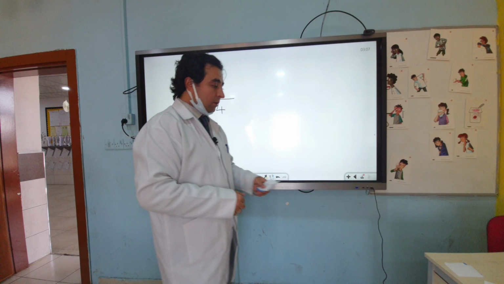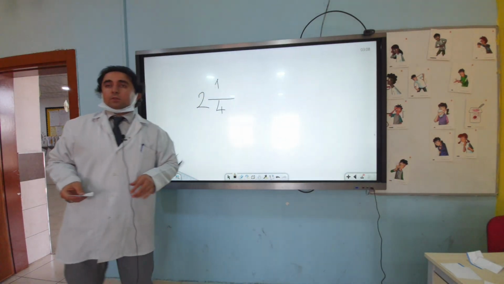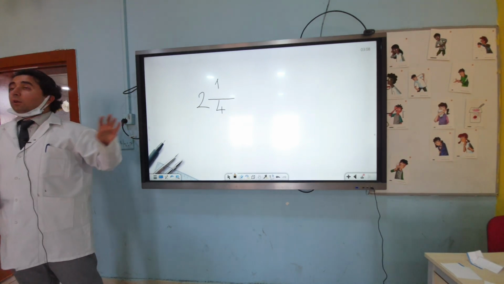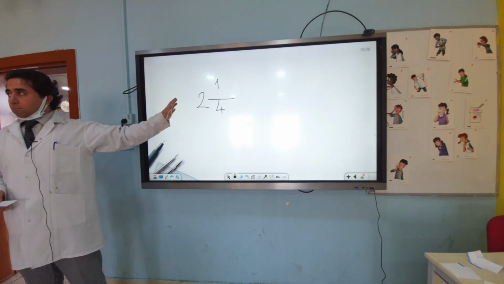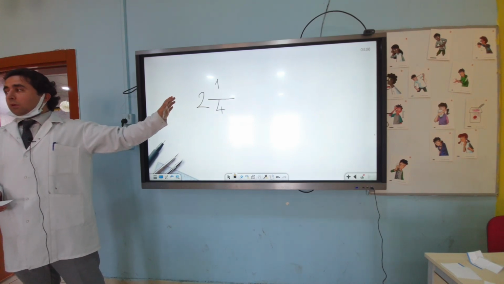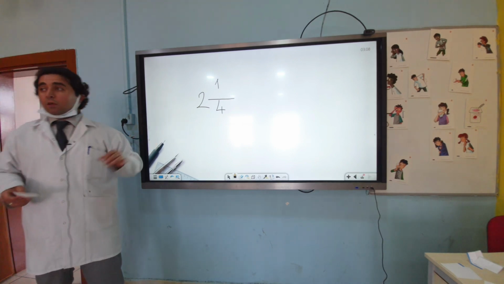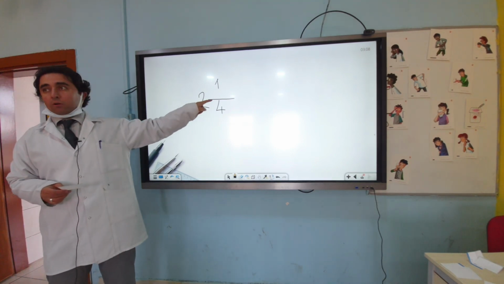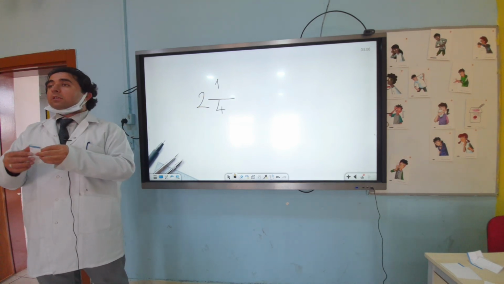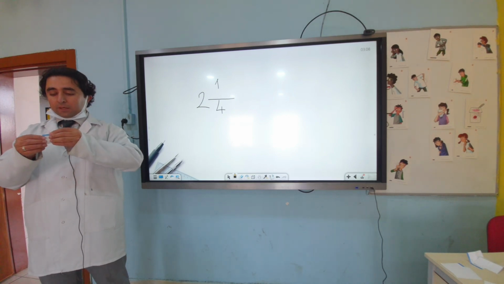And then we must have 3 papers. This fraction says, number 2 is the whole number, and you have to get another whole. Then, the same way, you are going to divide it into 4 pieces.